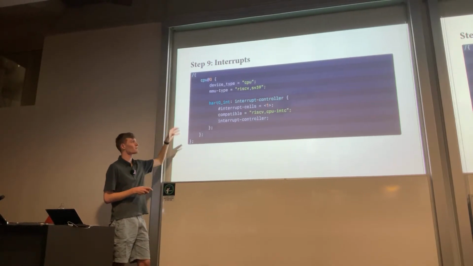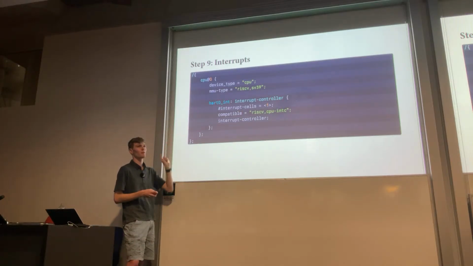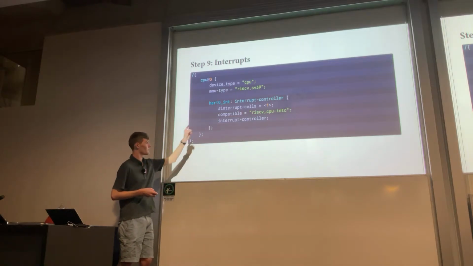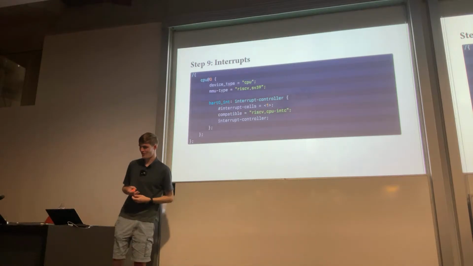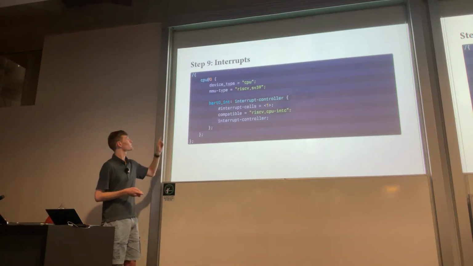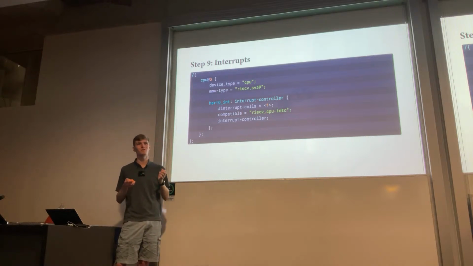But we have the interrupt controller node now. We have labeled it with hart0_int, and we've given it the interrupt-controller property so that it knows it's an interrupt controller. With this, hart0_int doesn't technically exist on the device tree.